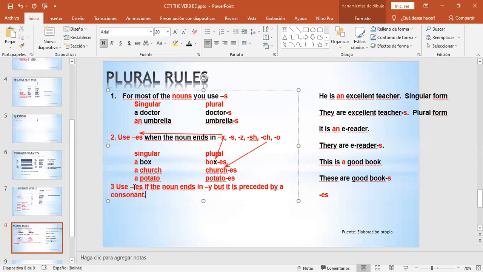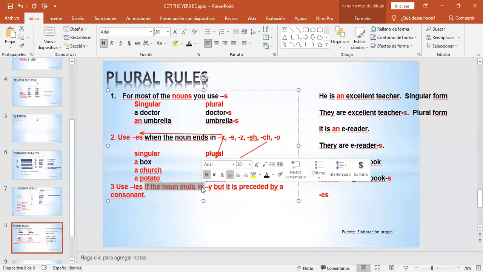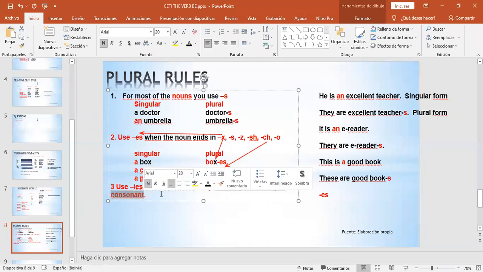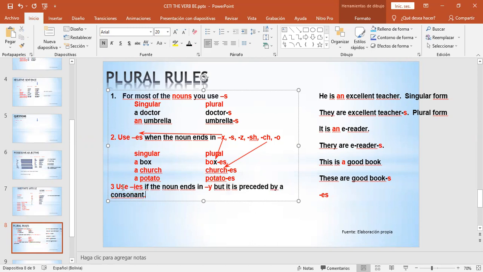The Y must be preceded by a consonant. Example.